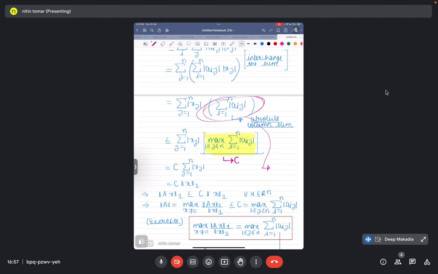See, what is the pink circle? The entity in the pink ellipse is the absolute jth column sum. Am I correct? I am just using the maximum property. So this is the jth column sum, so it has to be less than or equal to the maximum of all the absolute column sums.